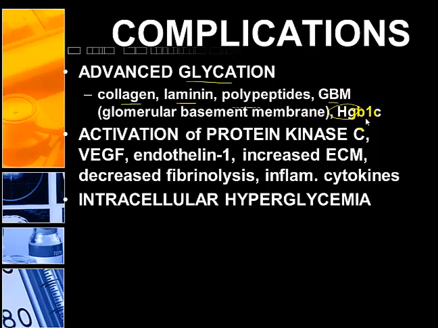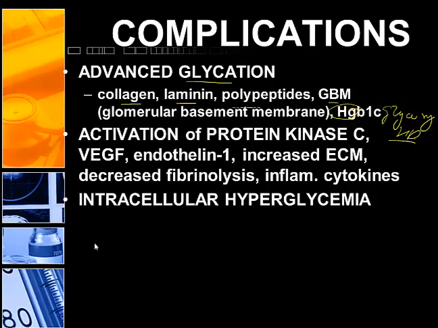And as we have seen earlier, HbA1c, which is also called glycosylated hemoglobin, we have discussed that. So this glycosylated hemoglobin is actually a complication of hyperglycemia, but we have used it as one of the important tools to diagnose diabetes mellitus.